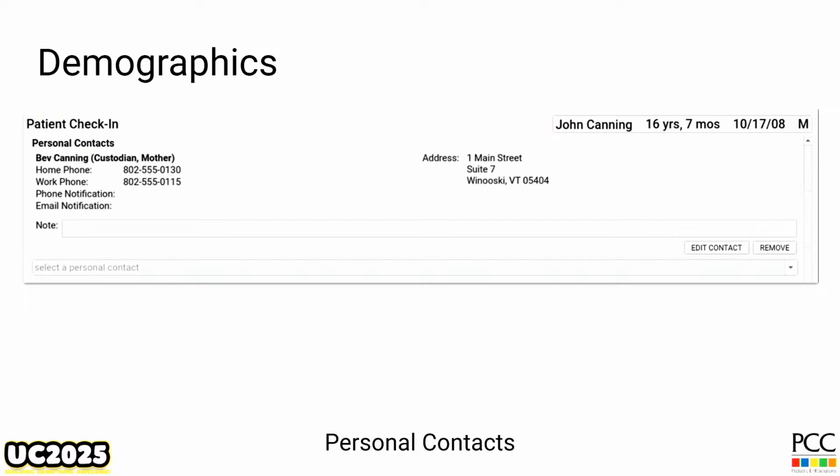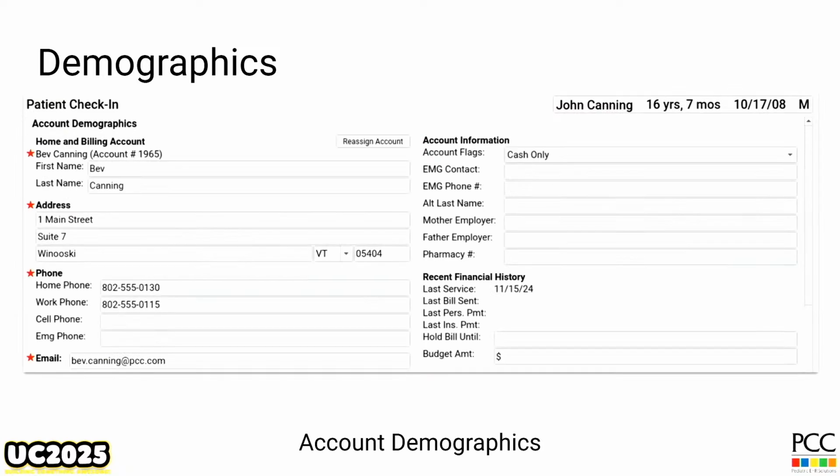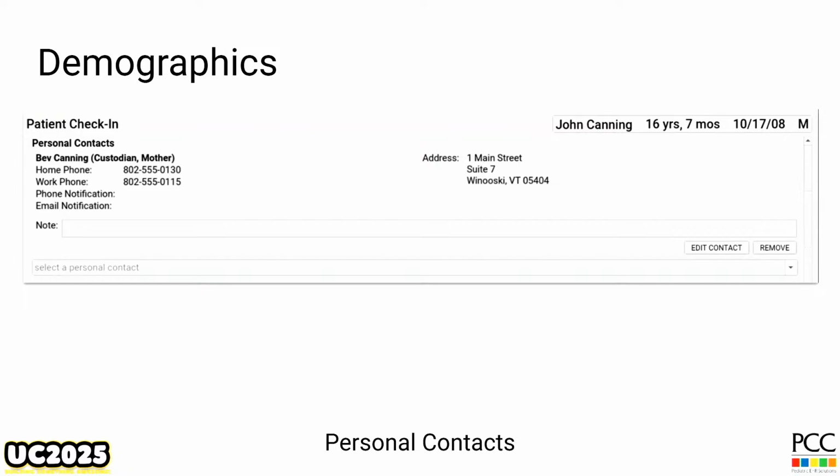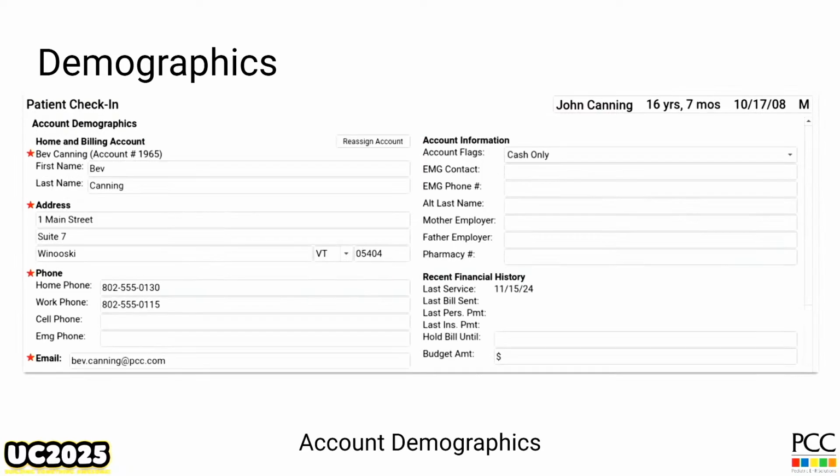Use them, they're great. And in the account demographics, this is what I was talking about. This email field here, not the same as the previous screen of the personal contacts field. Okay, so this email field is different than this email field.